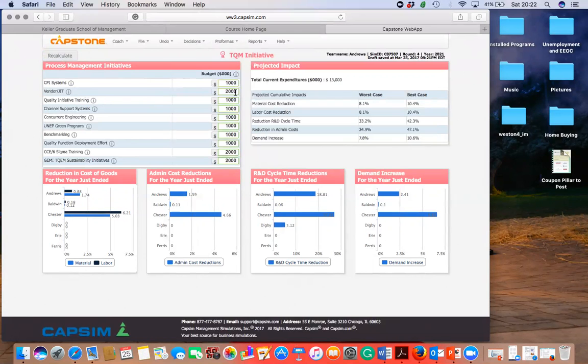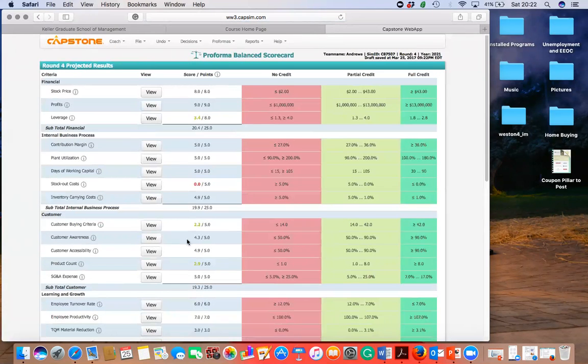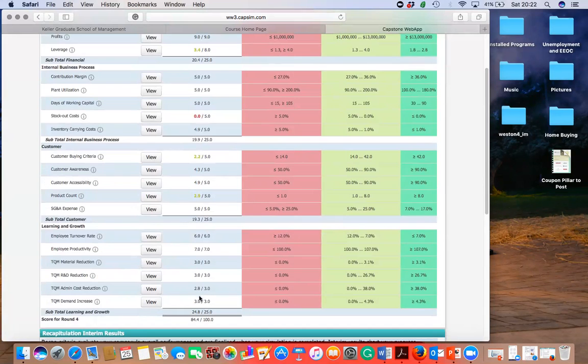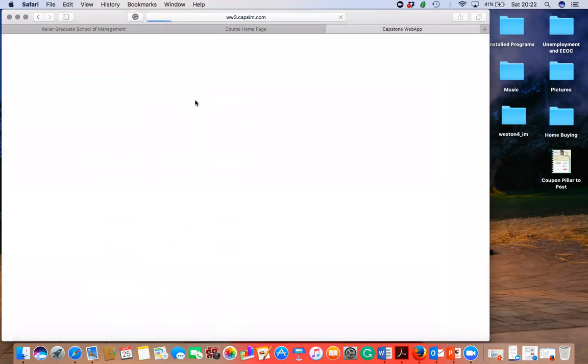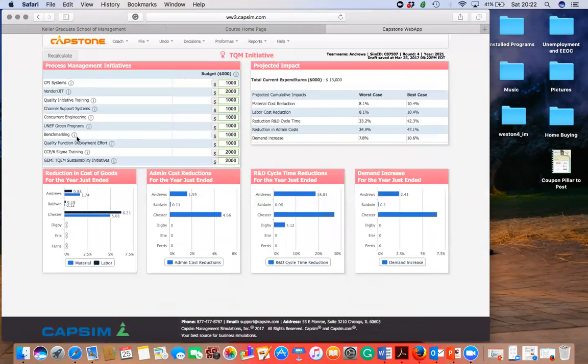Let's look at what that did for us. That was 3.3, 2.8. So admin costs, we need to come up a little bit more on. So that should be good.